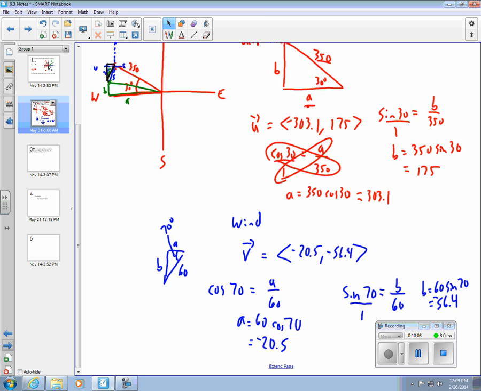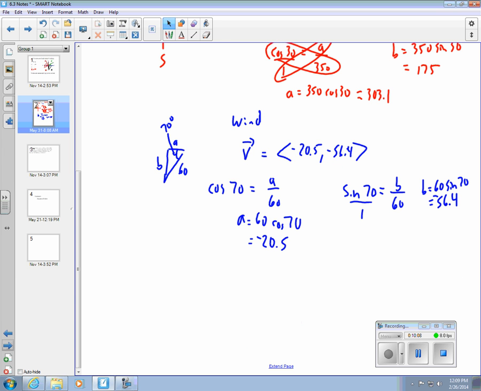So now let's find our ending parts here. So to figure out the resultant vector, the real final values here, we can take vector u plus vector v.